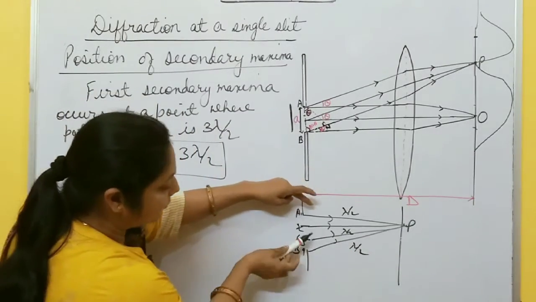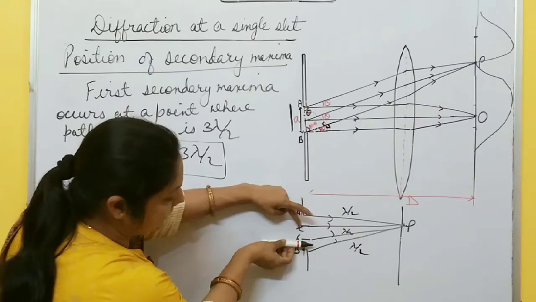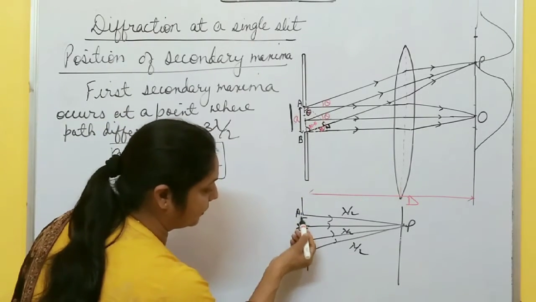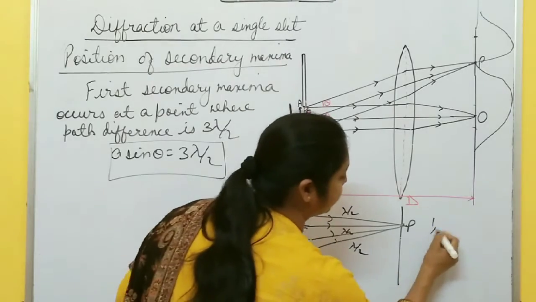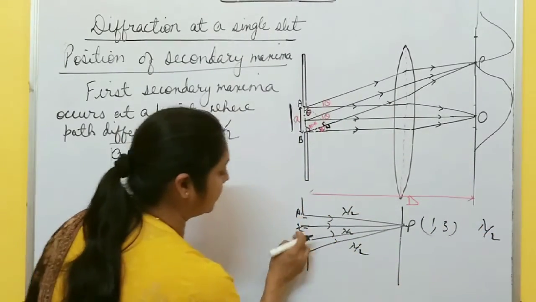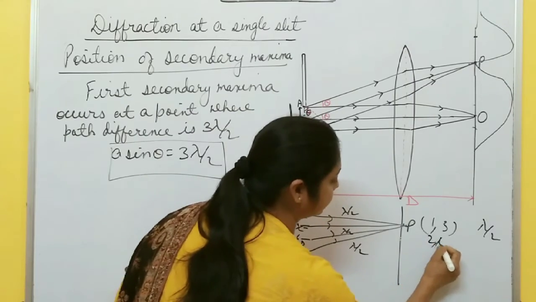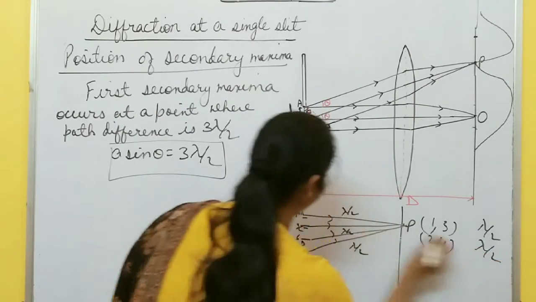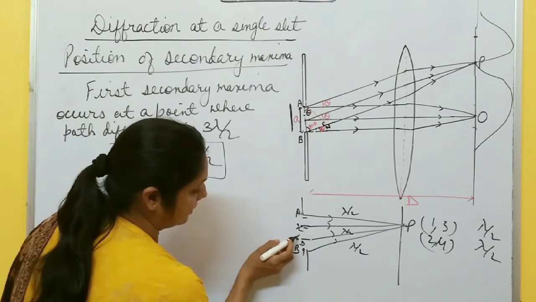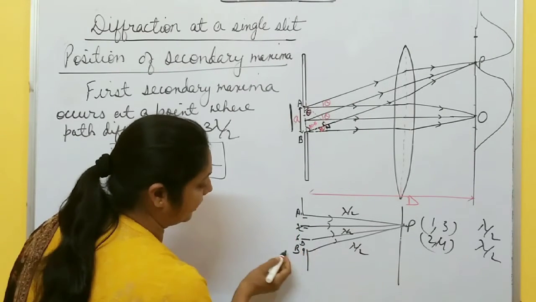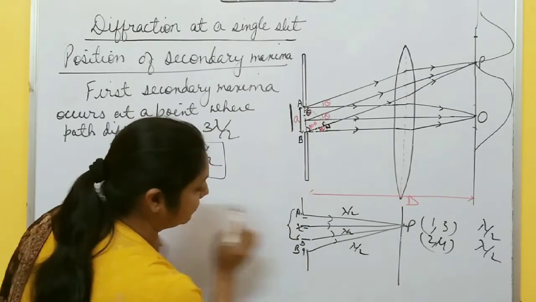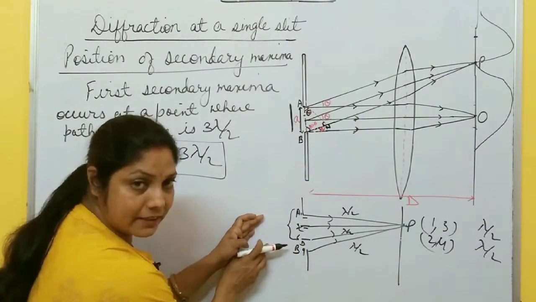So from the first 2 parts AC and CD, the path difference between any 2 corresponding points, 1 and 3, is lambda by 2. Again 2 and 4, the path difference is lambda by 2. Then again 3 and 5. So the first 2 parts, from 1 to 6, cancel each other.